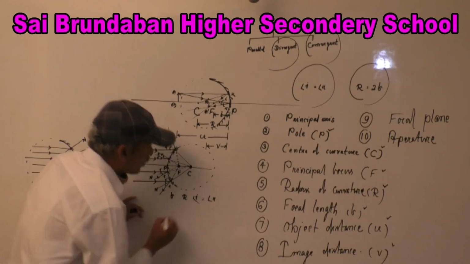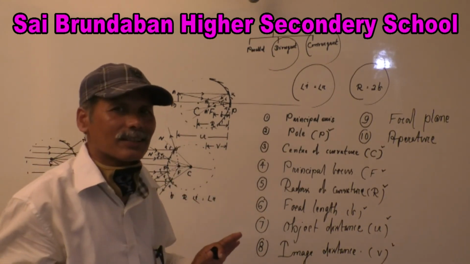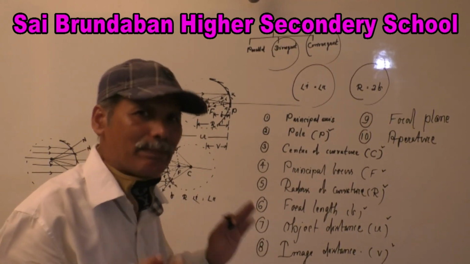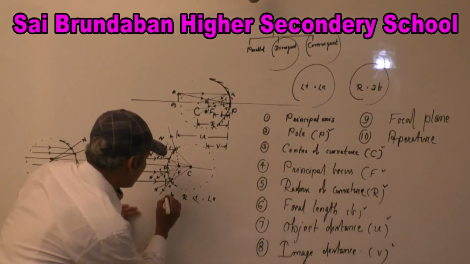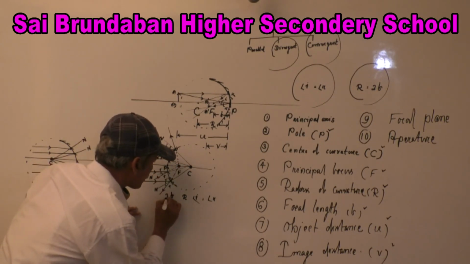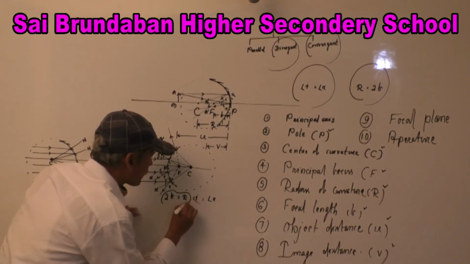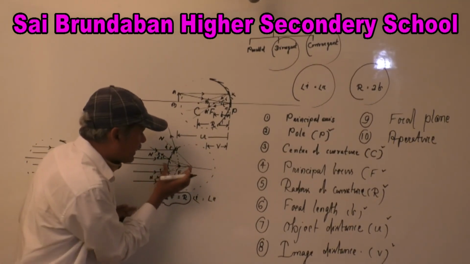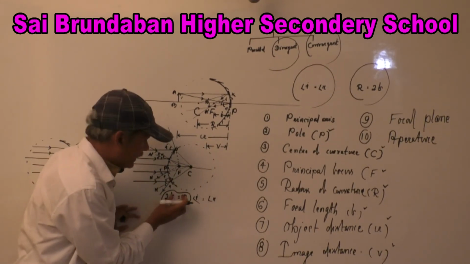So from the figure, it is clear that, no doubt, we have not used any compass, any scale, any pencil, but by approximation, it is clear that 2 times f is equal to R. That means twice this length is equal to the radius of curvature. Twice the focal length is equal to the radius of curvature.